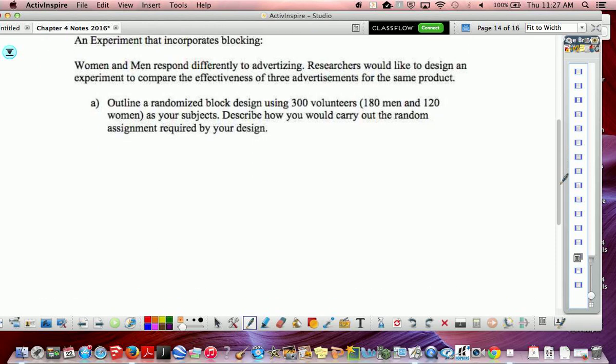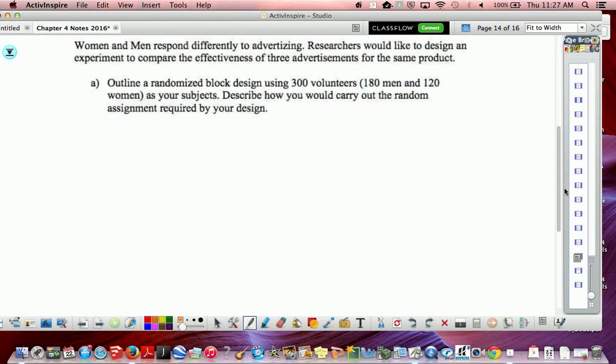So, what happens in a block design is we're still going to start here with our 300 subjects. But instead of doing random assignment right away, we actually perform a block. The block in here happens to be gender. Okay?